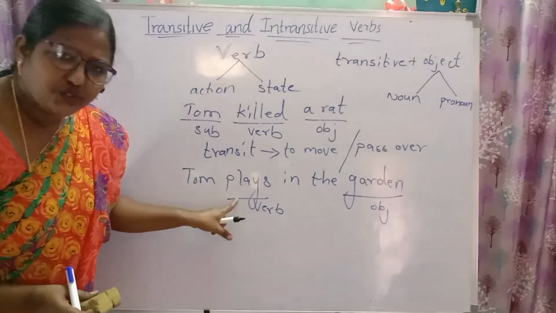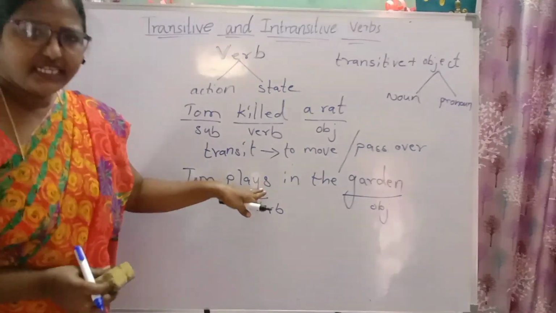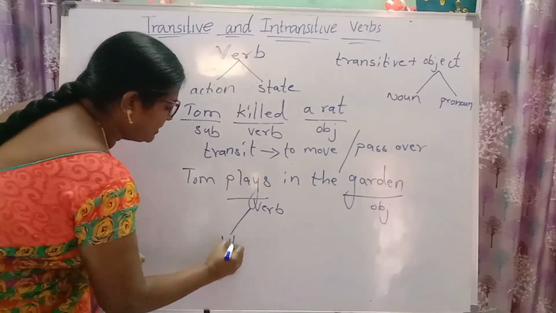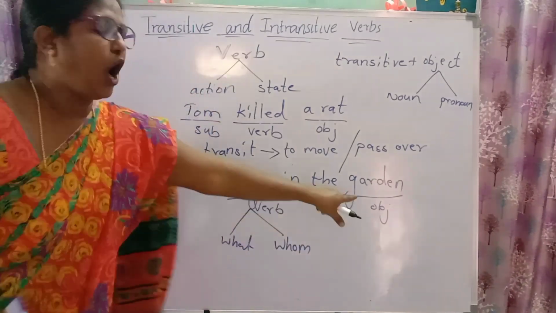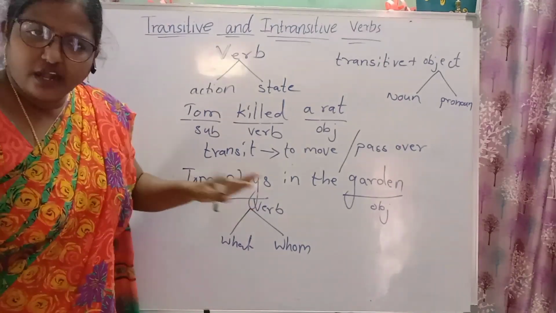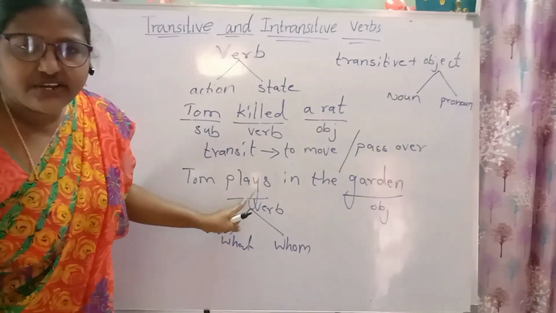But is this verb plays a transitive verb? Let us question this verb with the question words what and whom. If we get the answer object, then this is a transitive verb. If we are not getting the answer object, then this is an intransitive verb.